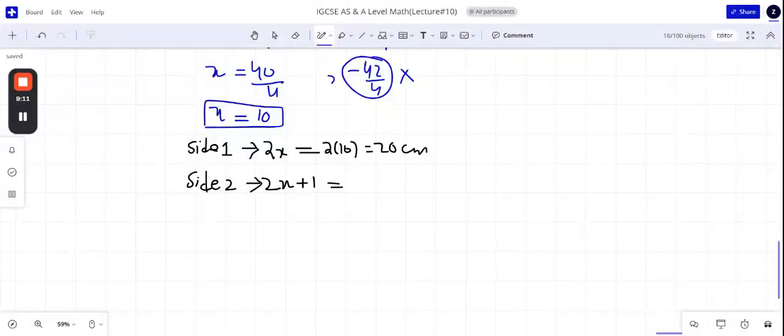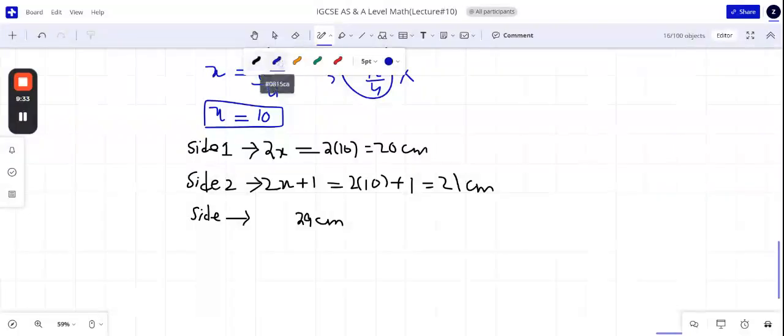Substituting, 2 times 10 plus 1 equals 21 centimeter. The third side, the hypotenuse, is already given as 29 centimeter.